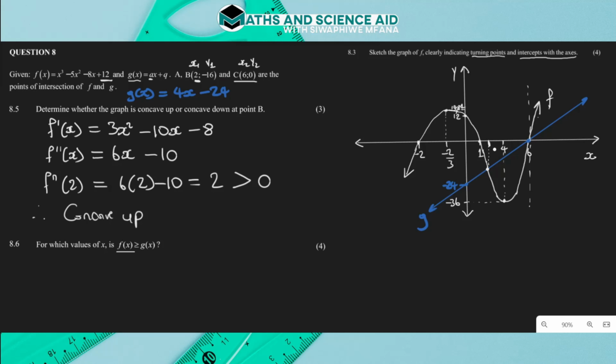So as you can see, whatever that value of x is, it is between 1 and 4. So it must be this point B, right? So this must be 2. Okay, so between that value of x, 2, and this value of x, 6, the graph of g is in fact the one that is above that of f.